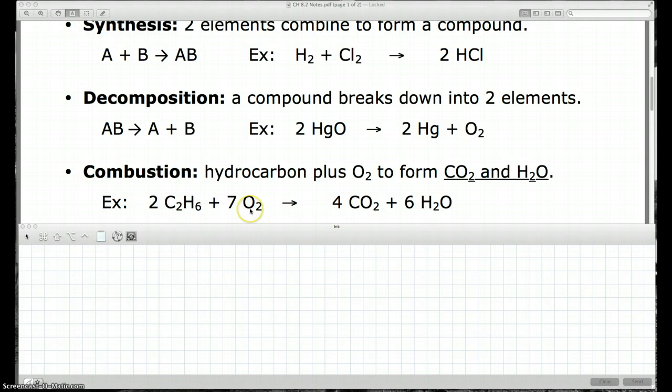We react that with oxygen, and it's always oxygen, and we always form CO2, carbon dioxide, and H2O, water. So for the other four, you're looking for a general pattern, but for combustion, you're looking for specific chemicals. A hydrocarbon and oxygen on one side, carbon dioxide and water on the other side.